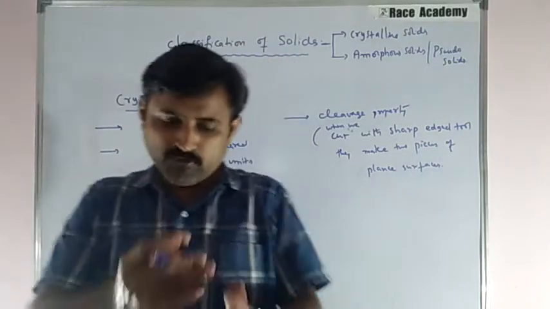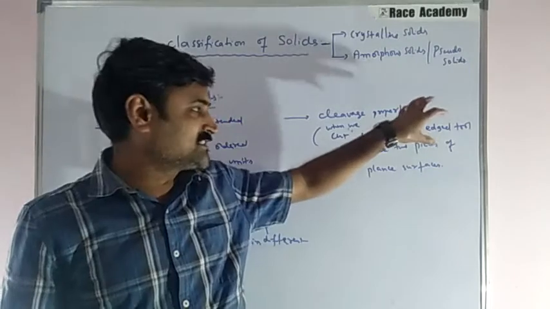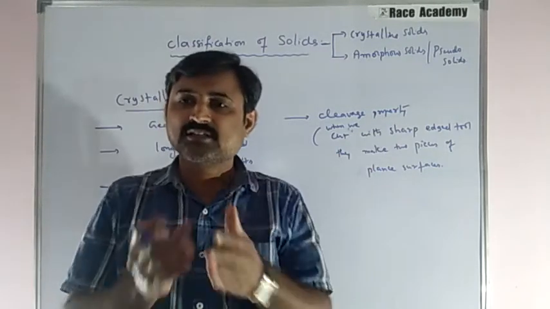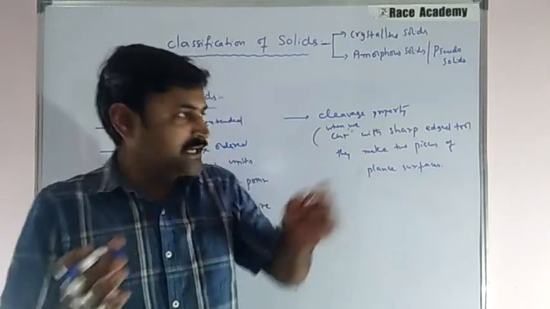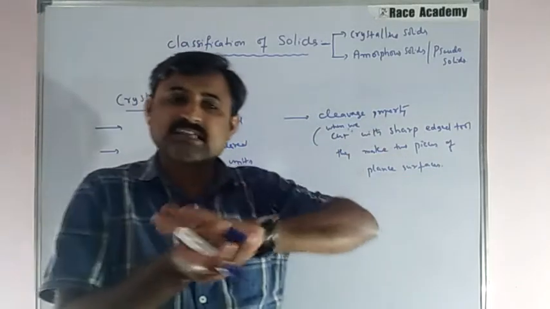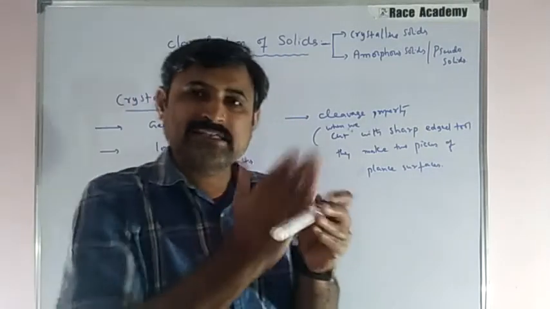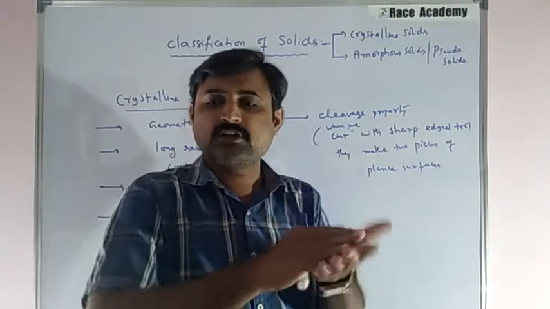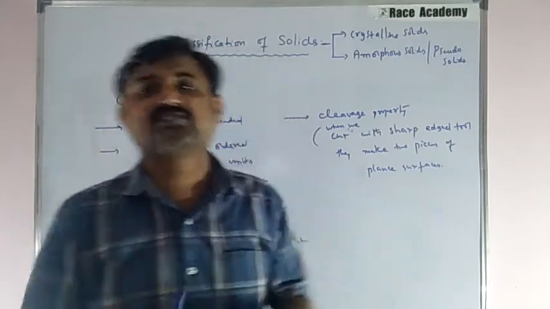That means when you cut a crystalline solid with a sharp edged tool, what will happen? Two pieces are noticed, and the two pieces definitely will have planar surfaces. If you cut any kind of solid, the surface will be a planar surface. That is the face of the crystal.